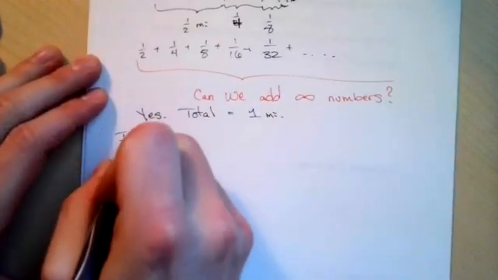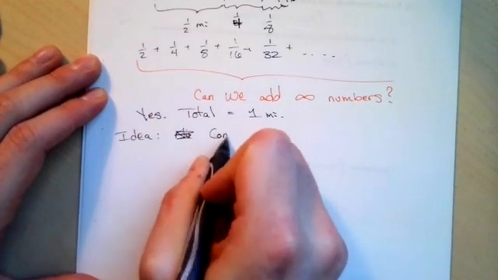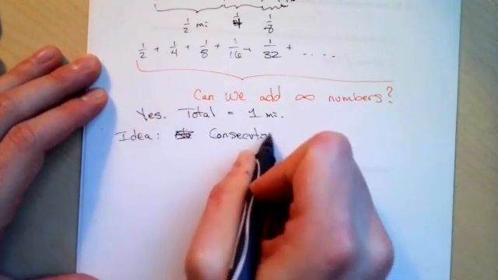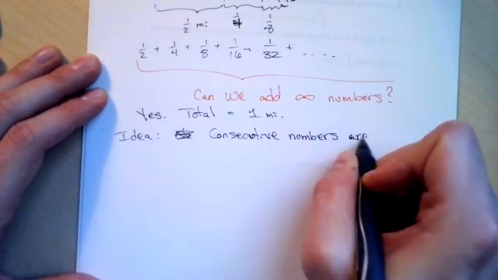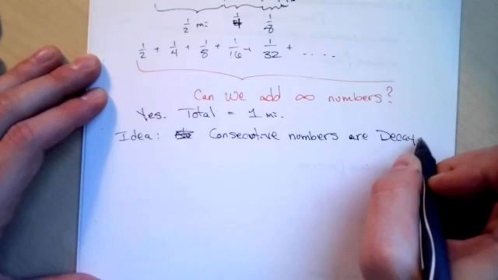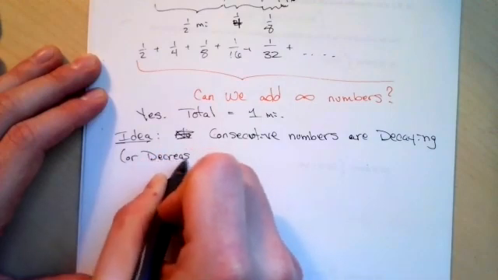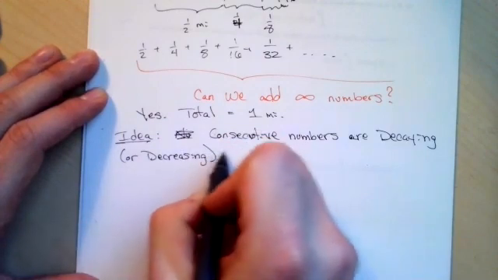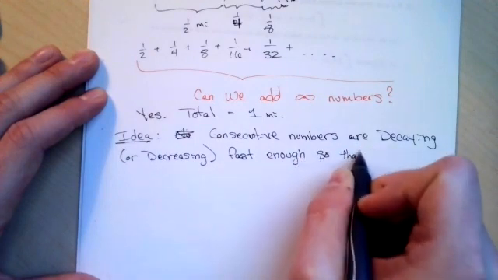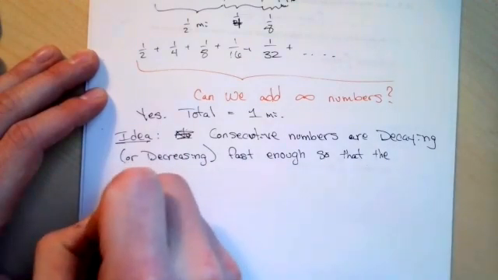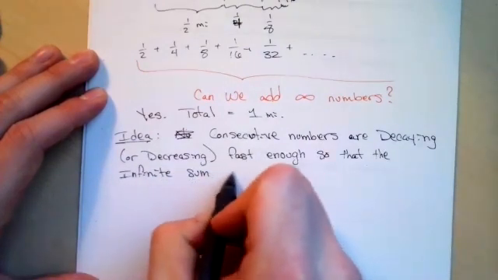And so the idea is that the consecutive numbers are decaying or decreasing fast enough so that the infinite sum is finite.